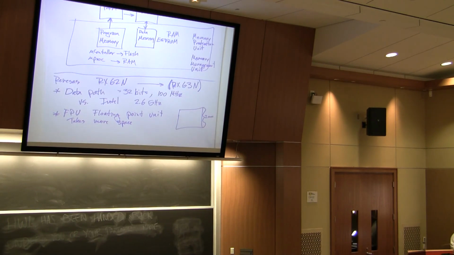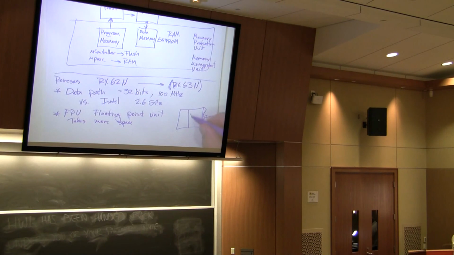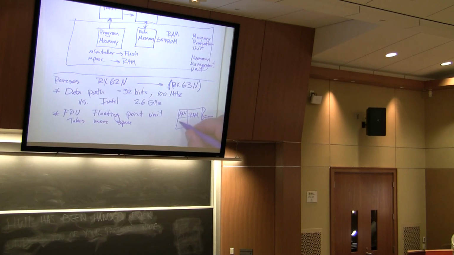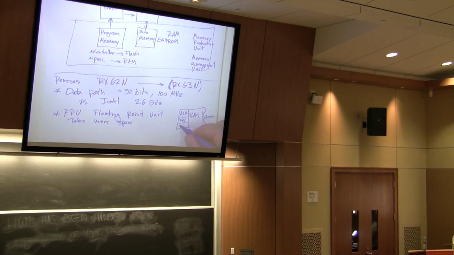If you look at your typical device, this will be allocated to RAM, this will be allocated to your arithmetic logic unit, this might be allocated to your floating point unit, and this might be allocated to everything else.